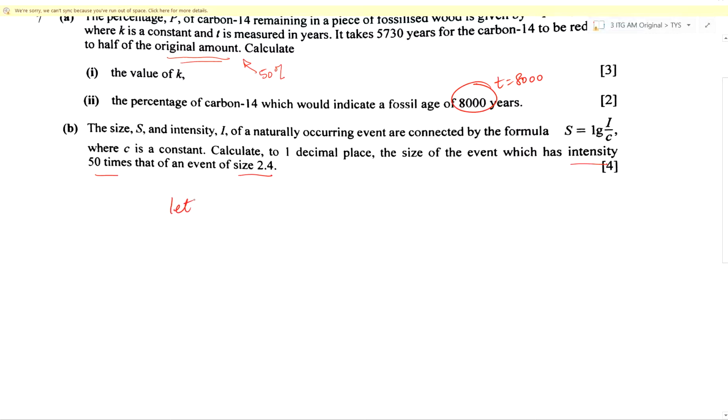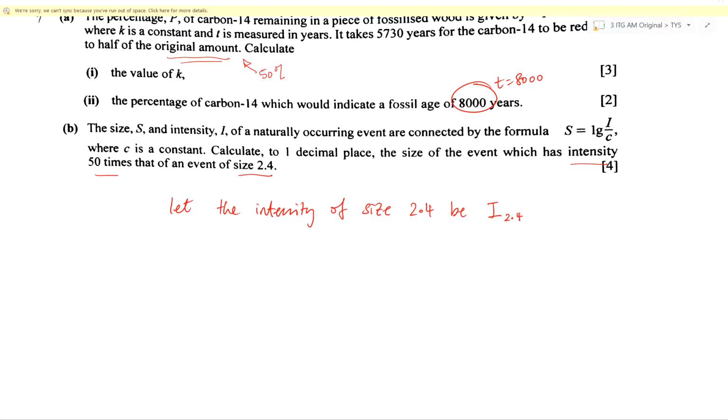So let the intensity of size 2.4 be intensity 2.4. For example, we can call it I1 or I2, it's up to you.